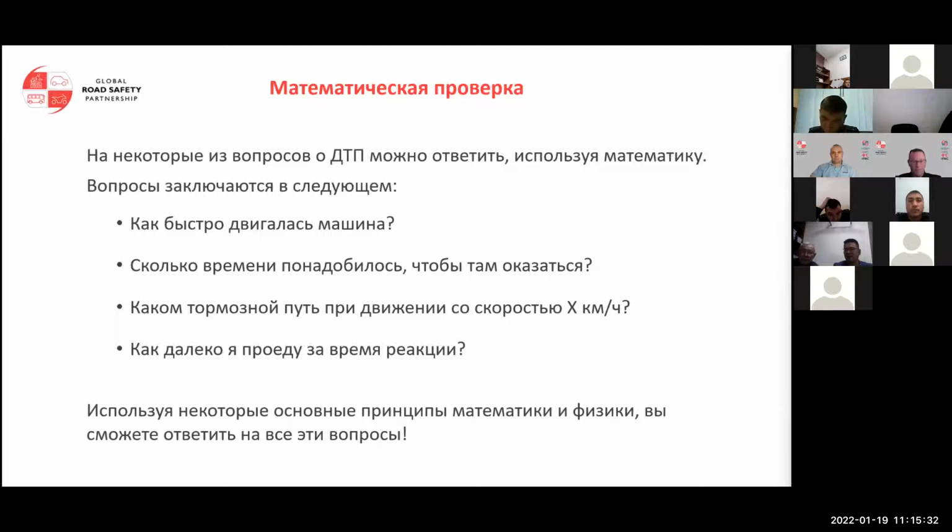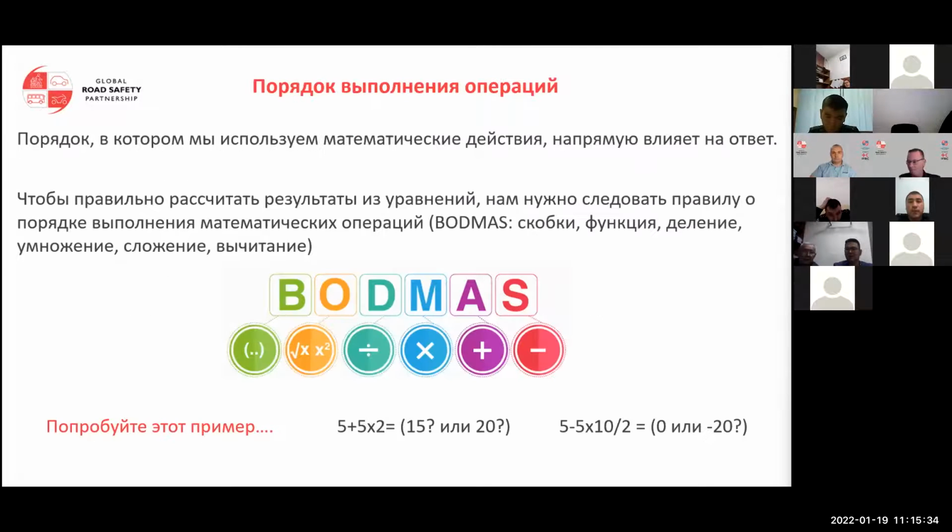For a start, let's talk about the order in which we perform mathematical calculations. The way you work an equation when you do the different parts makes a big difference to the answer. I was at school and got taught this thing called BODMAS. What it is, it tells me the order that I should do mathematics.